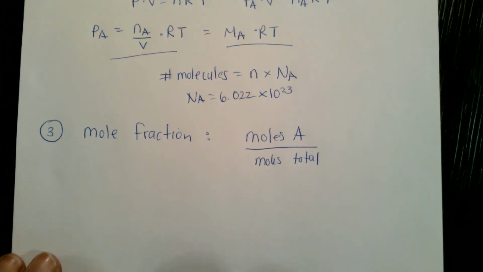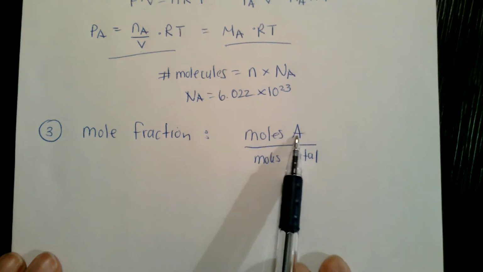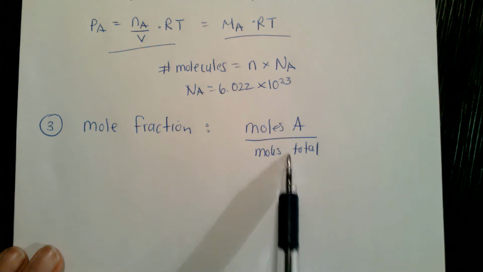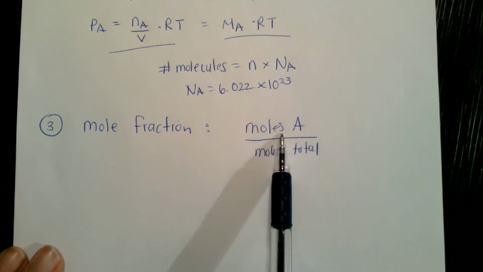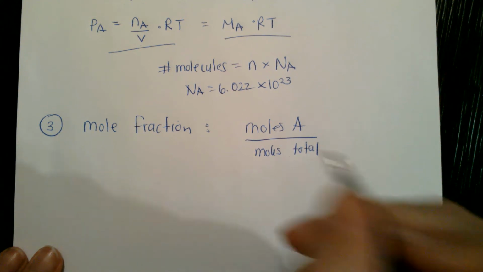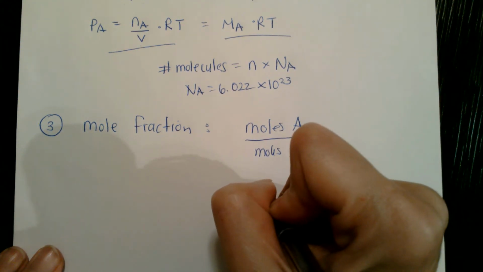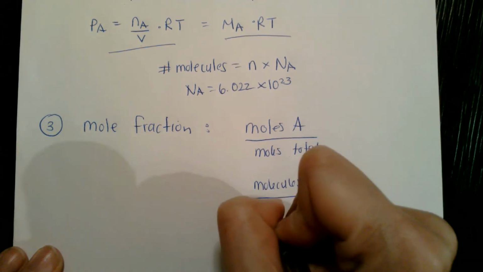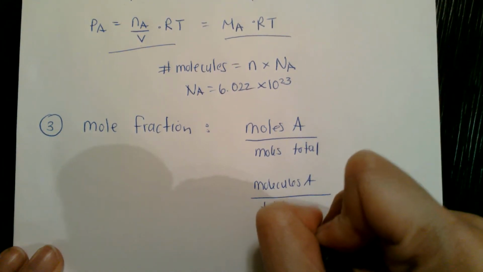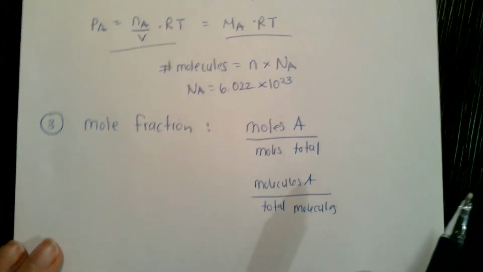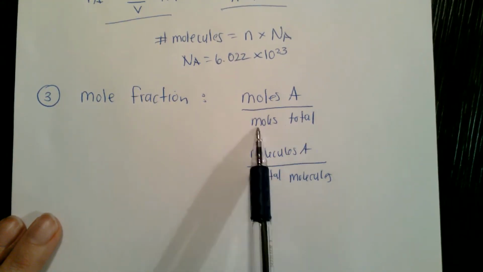We used this in Chem 121 when we talked about gases. It's almost like a percent: how many of A in the total amount? And again, this could also be with particles, so molecules of A over total molecules. Either one of those two, when you're looking at parts of the whole thing.